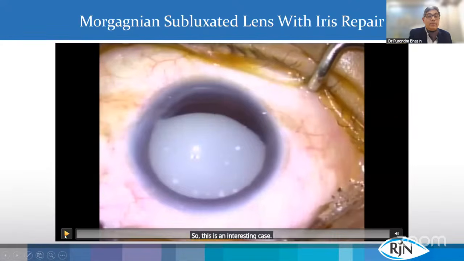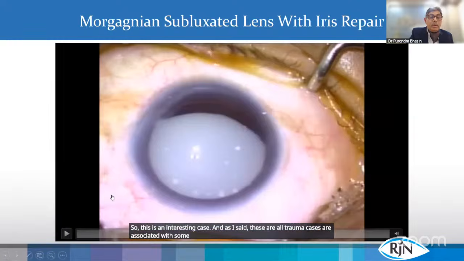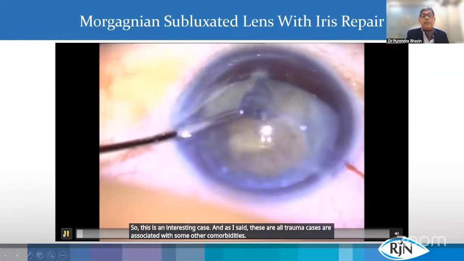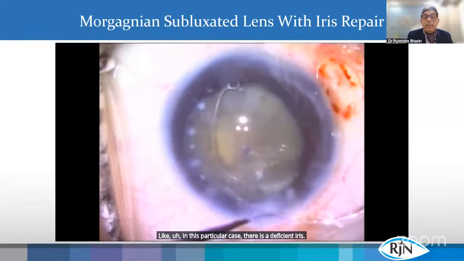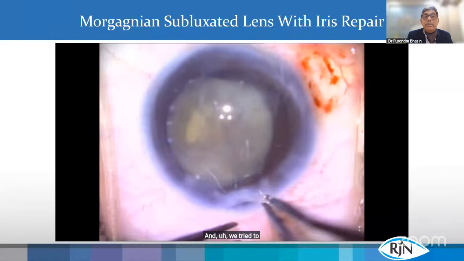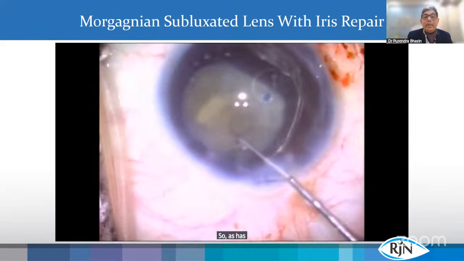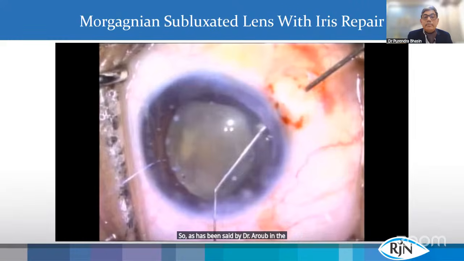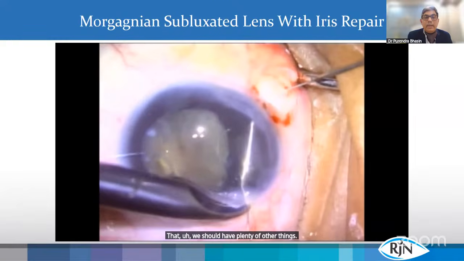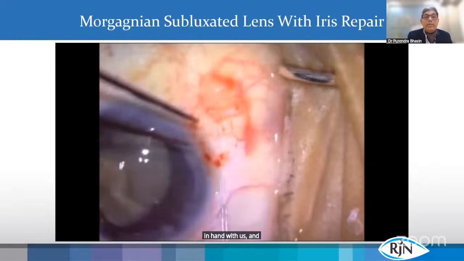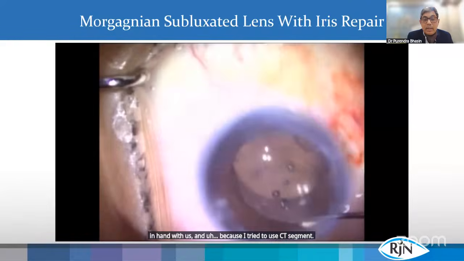And as I said, all these trauma cases are associated with some other comorbidities. Like in this particular case, there is a deficient iris, and we tried to put a CTR inside, but we failed. So, as has been said by Dr. Arup in the beginning, we should have plenty of other things in hand, because I tried to use a CT segment, but I could not do it.